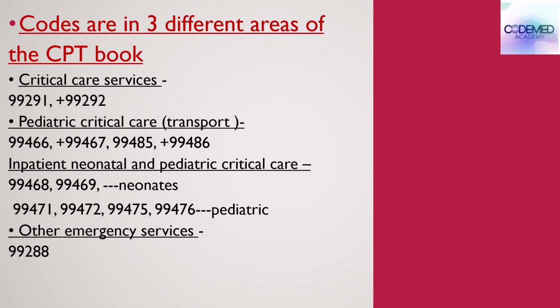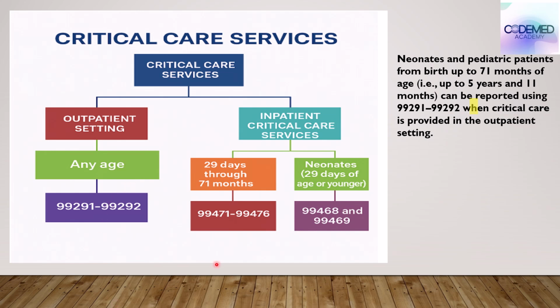Now, the place of service is an important consideration when we are coding for critical care services. We have two different criteria: one is the outpatient setting and one is the inpatient. Inpatient is basically the hospital, and outpatient setting is the office and emergency department. For the outpatient setting, we use codes 99291 and 99292, and we can use these codes for any age.